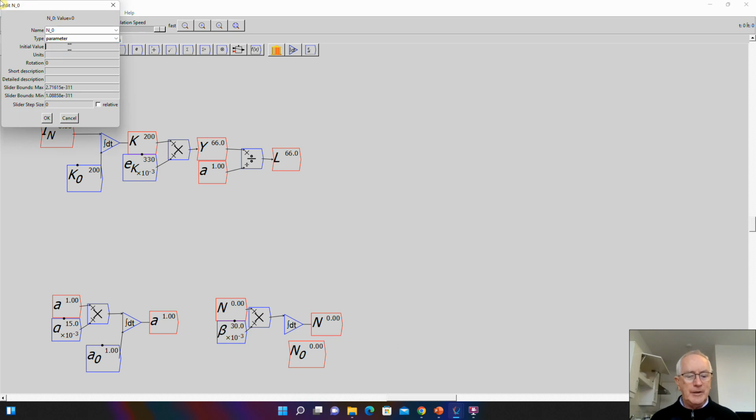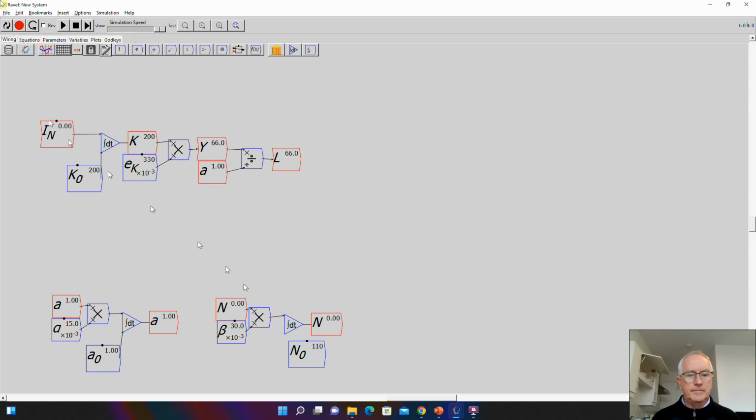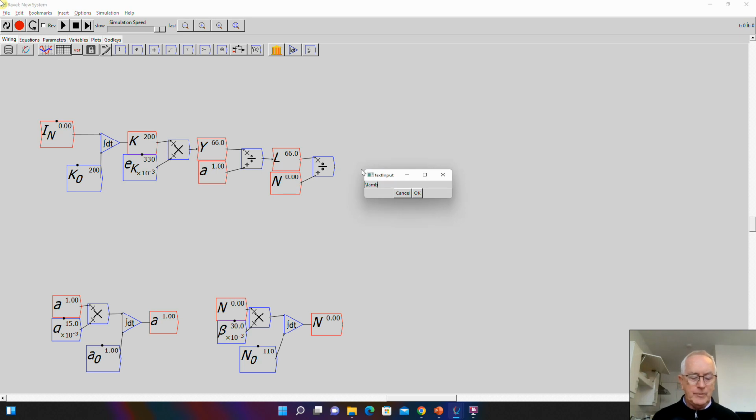That's a parameter, and I'm giving that a value of 110. So now, copy of N, divide L by that. We have the employment rate, which I use lambda for.